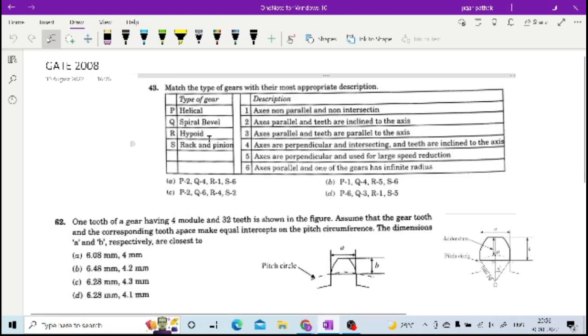Yeah. Okay. So you can quickly type in your answers for question 43 from this GATE 2008. It is simple only. So please type in.